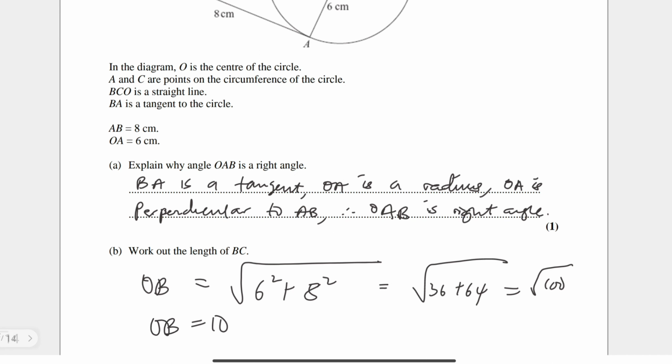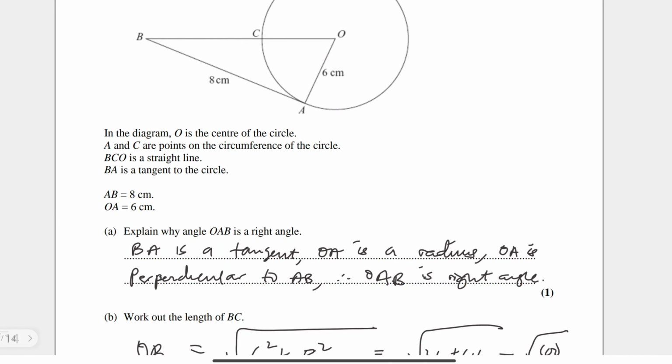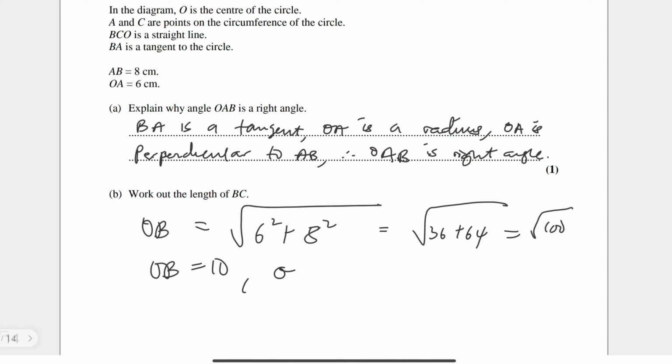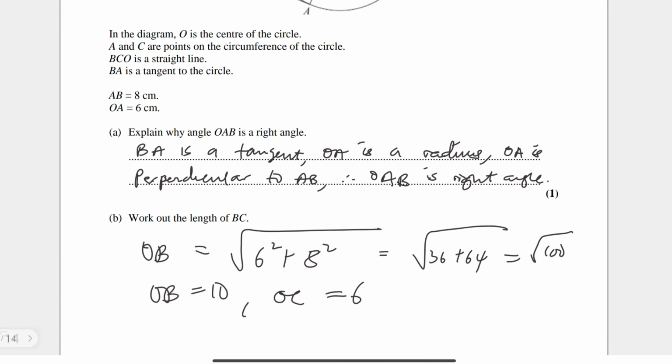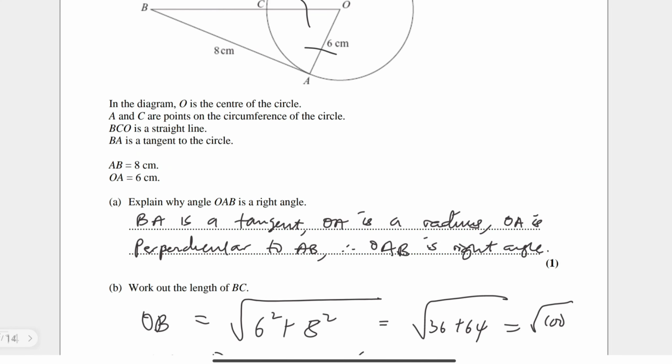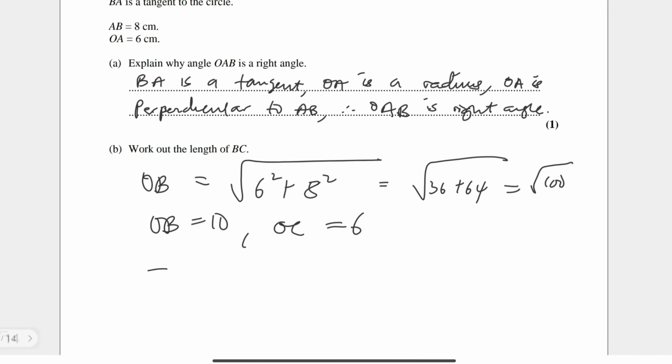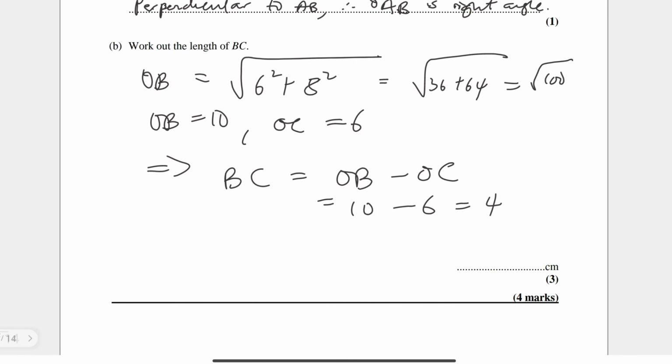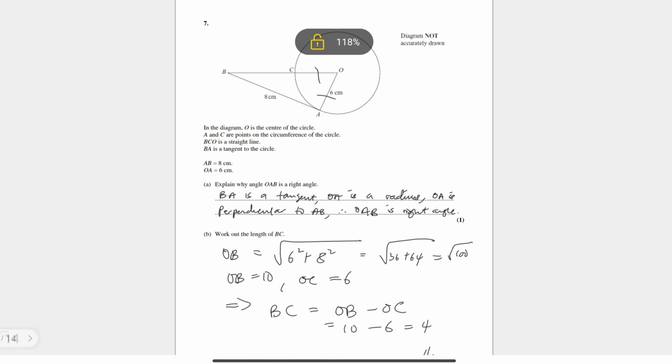So if OB is 10 and OC is 6, because this is a radius, just like OA, then BC is going to be OB minus OC, which is 10 minus 6, which is equal to 4. So BC is equal to 4.